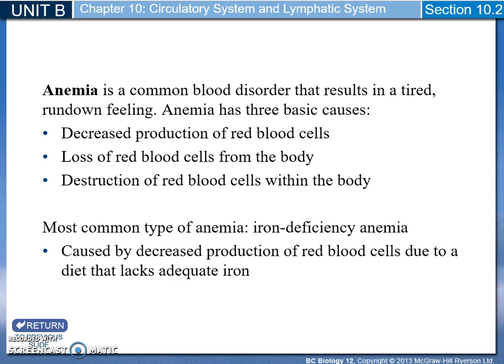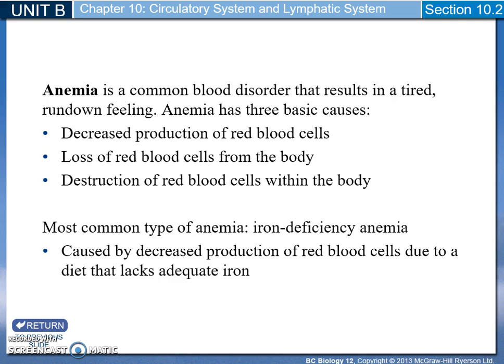Now, some of the conditions of the blood with regard to the red blood cells, one of which is anemia, and this is a common blood disorder. It results in a really tired and run down feeling. We probably all feel that way from time to time, but this is rather prolonged, and it can have three basic causes: either a decreased production of red blood cells, or loss of red blood cells from the body.